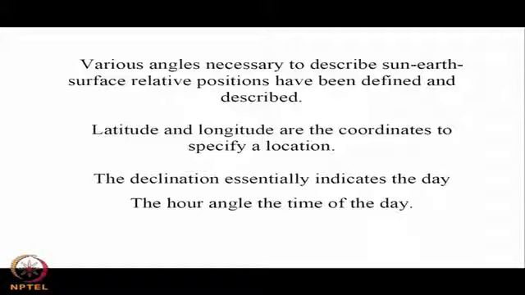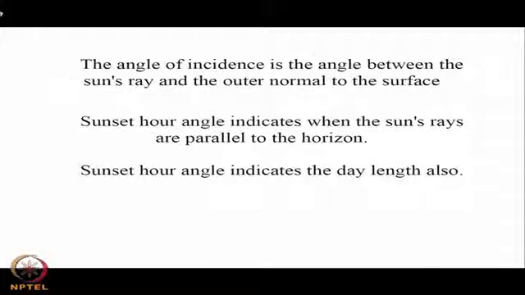Latitude and longitude are the coordinates to specify a location. The declination essentially indicates the day, the hour angle the time of the day. The angle of incidence is, of course, defined between the sun's ray and the outer normal to the surface, and this indicates the sun's rays are parallel to the horizon, and the sunset hour angle also gives you the total number of sunshine hours.